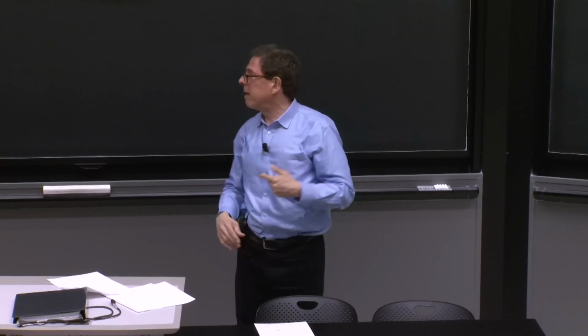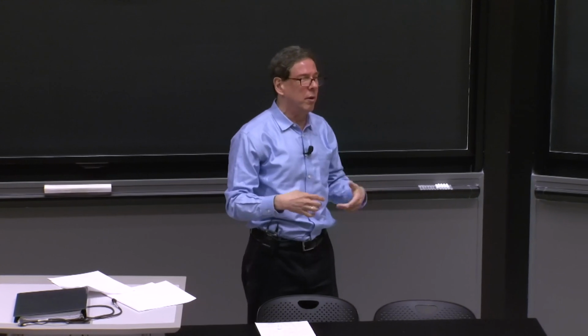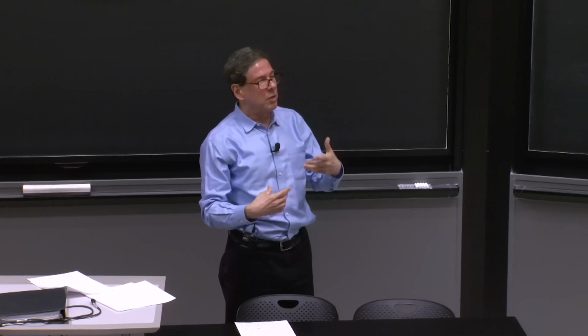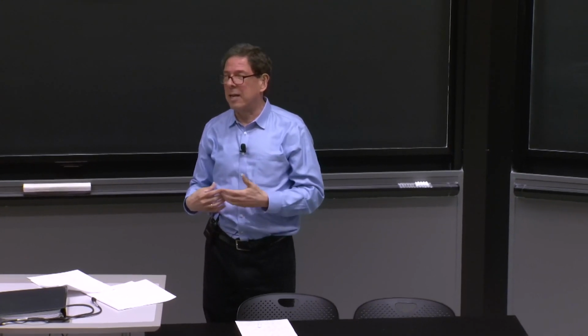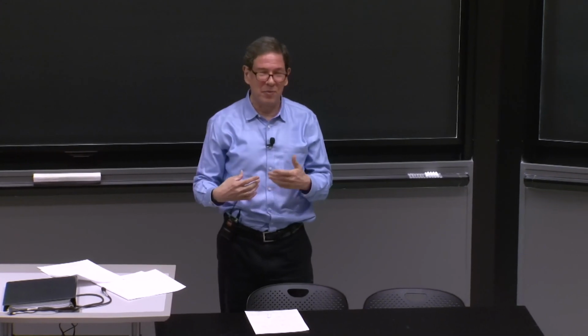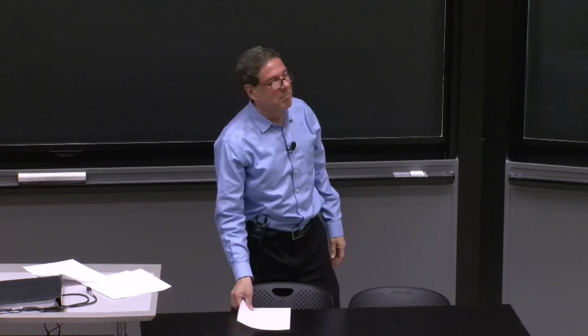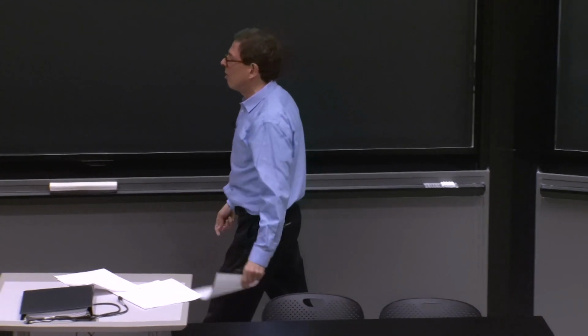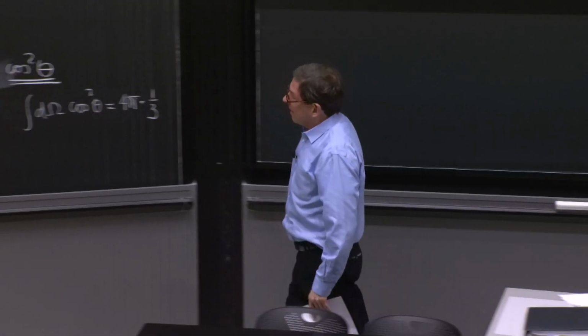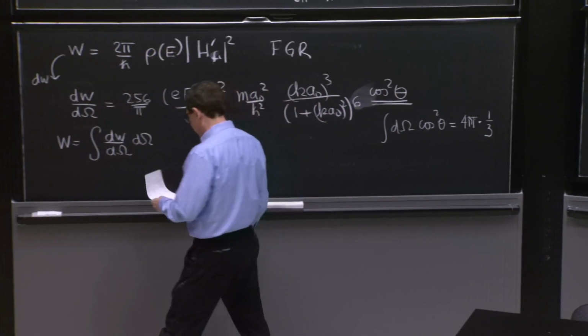So it's a little bigger, and it turns out the average of cosine squared over the sphere is 1/3, and the average of sine squared over a sphere is 2/3. So it's not a bad thing to know, because it saves you a minute or two from doing this integral.